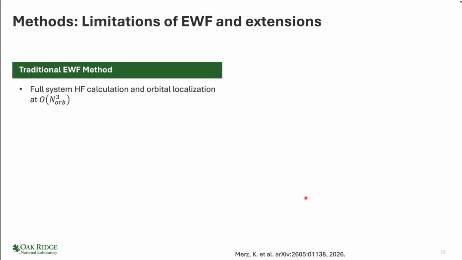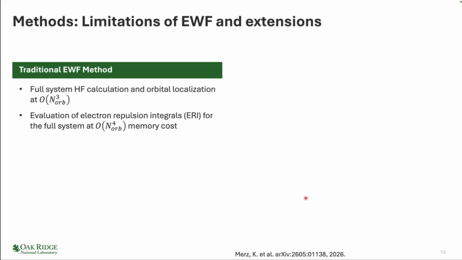So as we saw before, in order to do this embedded wave function method, you first need a full system mean field calculation and orbital localization at roughly a scaling of the number of orbitals cubed. Then you need to do an atomic orbital to molecular orbital transformation, which costs, well, if you're doing it quickly, the number of orbitals to the fourth power.